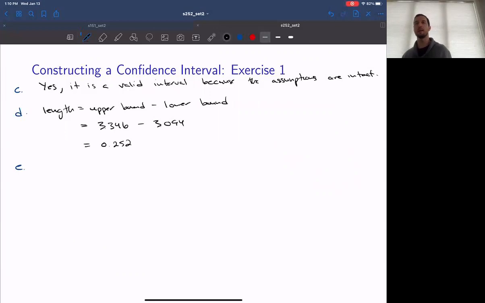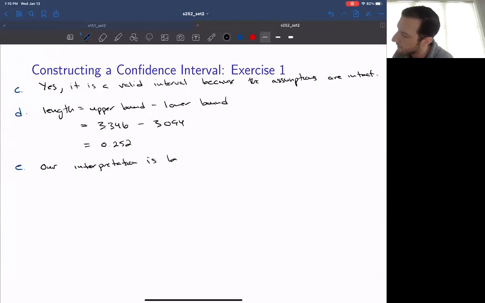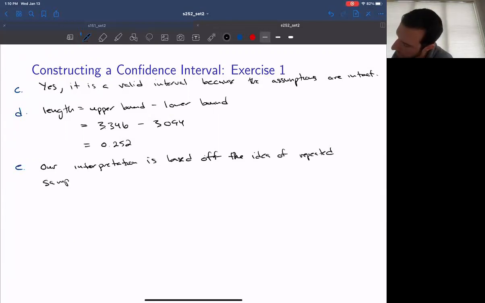Okay, and then in part E, we were asked, why are we 90% confident and not 90% sure? This, again, going back to what we had talked about last class, our interpretation is based off the idea of repeated sampling, period.